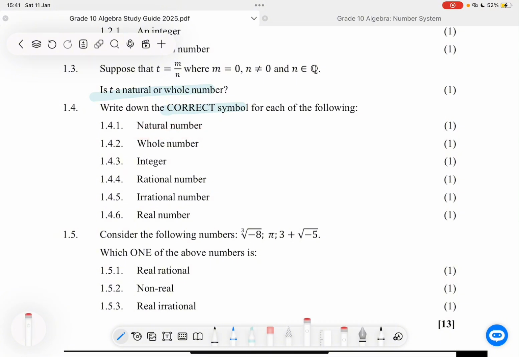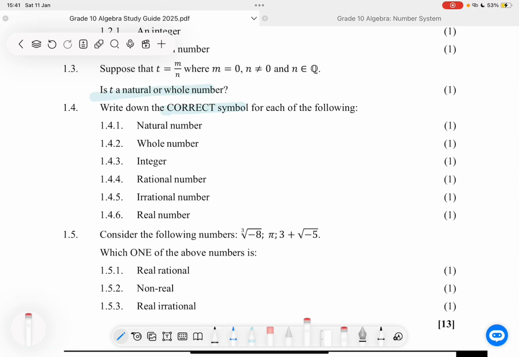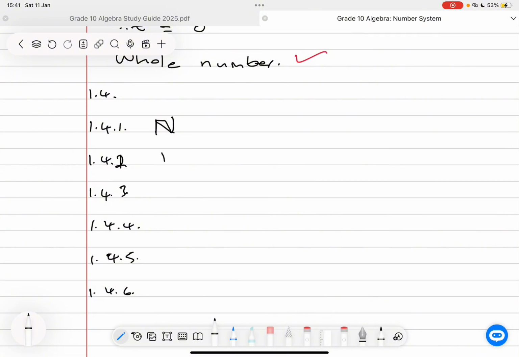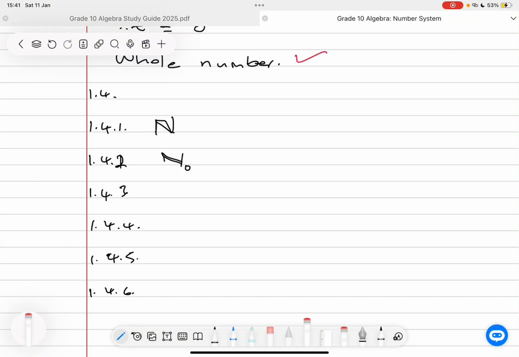So what is the symbol for a natural number? We know that the symbol for a natural number is a capital letter N, like that. What is the symbol for a whole number? It is similar to that of a natural number, but it has a subscript 0 at the bottom to say we begin our numbers at 0. Then 1.4.3, they say integer.